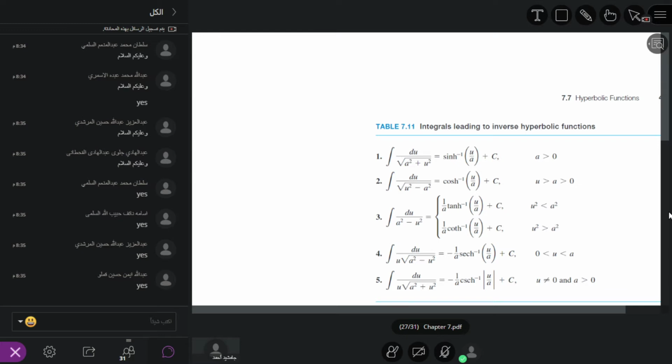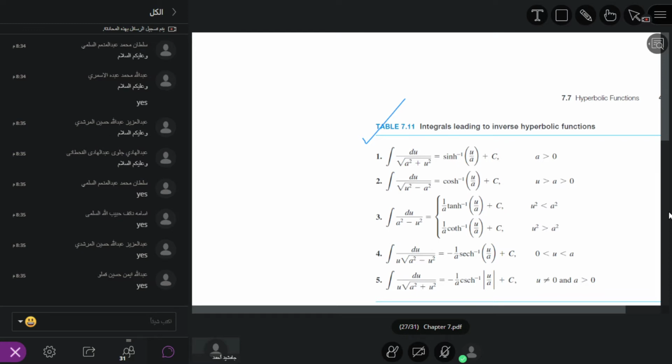So we use the first formula: the integral of 1 over square root of a square plus u square is equal to sine hyperbolic inverse of u over a plus constant. We now use the same formula here.